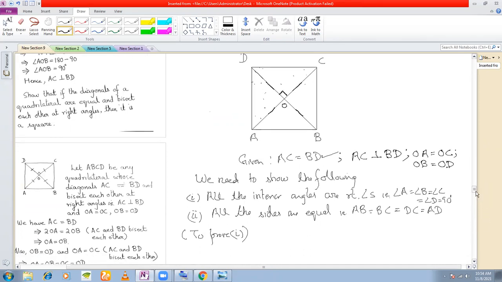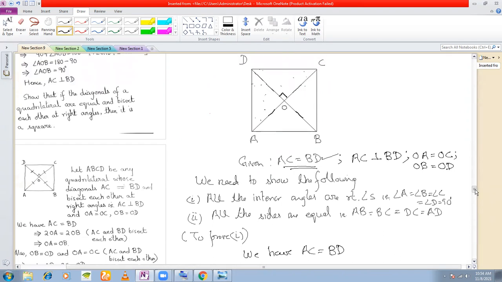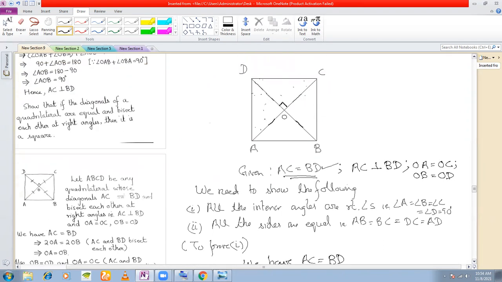How to show? Now we start by saying AC is equal to BD, right? Now if AC is equal to BD, what is the length of AC? AC is twice of OA, or you can say twice of OC, because the diagonals bisect each other. Can you say this or not?